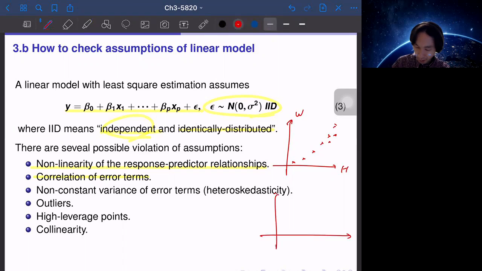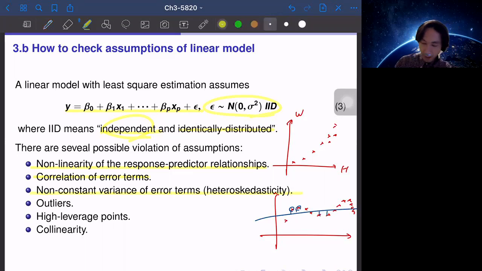Think about your body temperature throughout the day. Maybe just after a meal, your temperature is higher, and you fit the straight line. Then for these 2 observations, errors are correlated. Both are positive, both are negative.